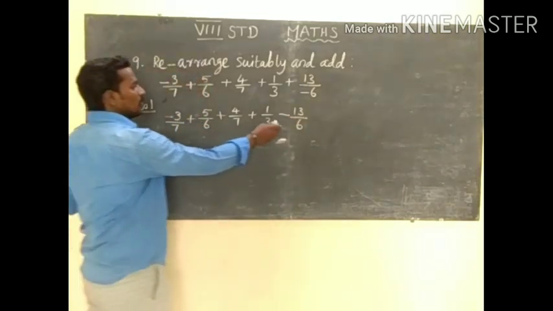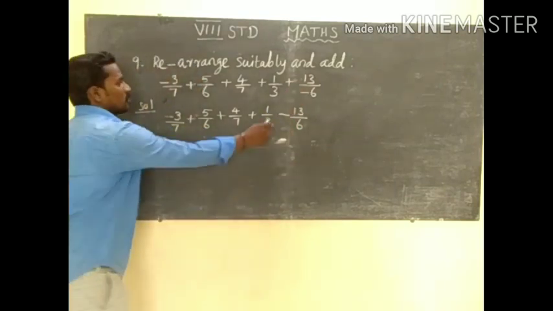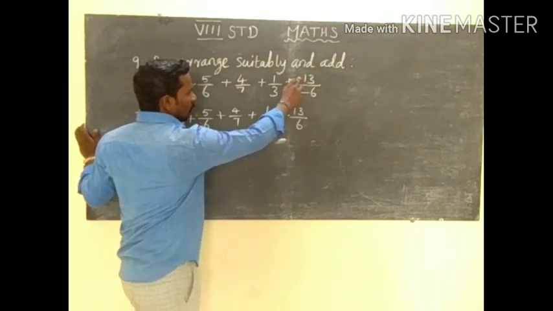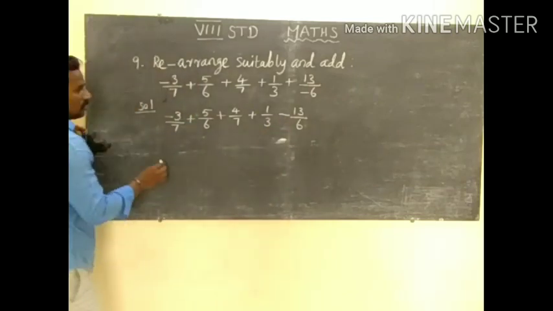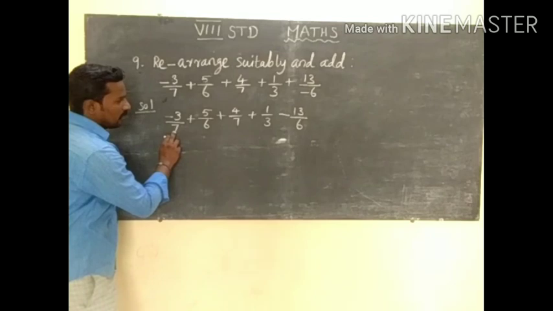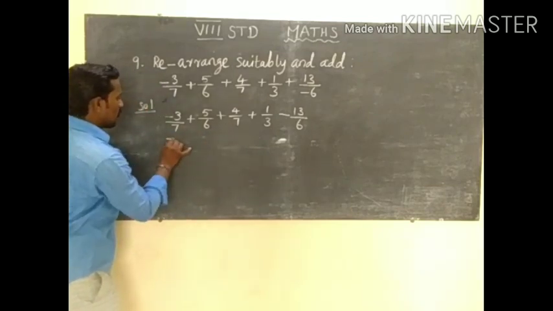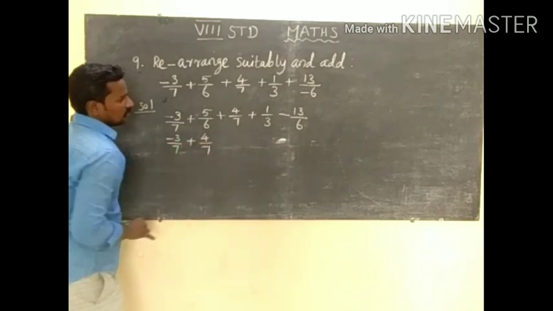So transfer the minus to the numerator; plus into minus gives minus. Have you understood this step? Here also, having plus, so plus into minus gives minus. Then compare the like terms. The denominator 7 appears in the first and third terms: minus 3 by 7 plus 4 by 7.